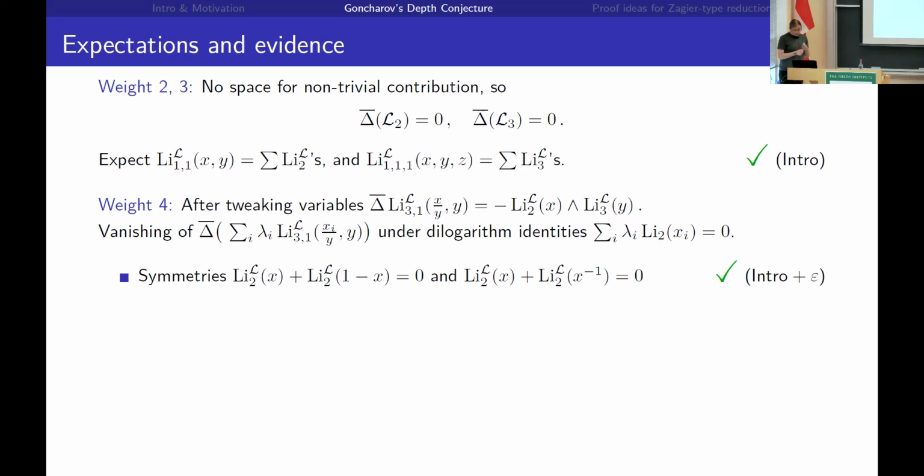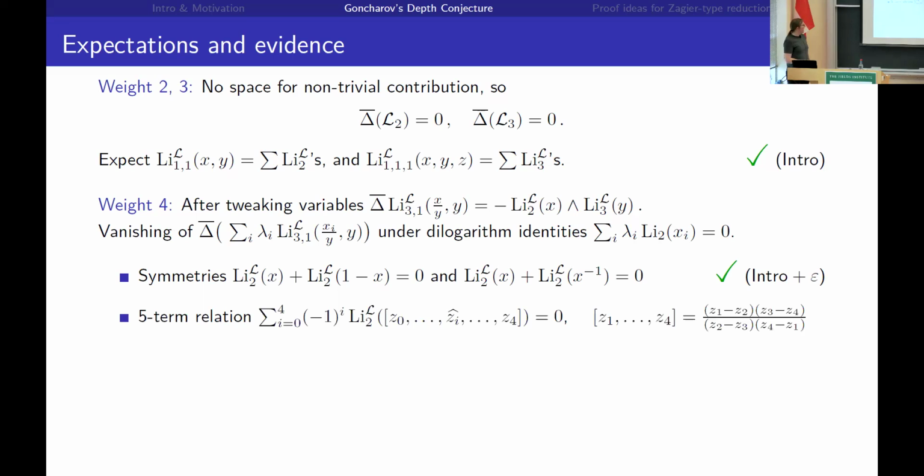In weight 4, the more complicated thing to find is when we plug in the so-called generic functional equation for Li2. There's something called the 5-term relation, and I'll just write it down like that for the moment. I was going to make some connection here that this can be interpreted as something in hyperbolic geometry, that Li2 tells you about the volume of an ideal hyperbolic simplex, and this is counting the signed volume of a collection of 5 of them that cancel out.